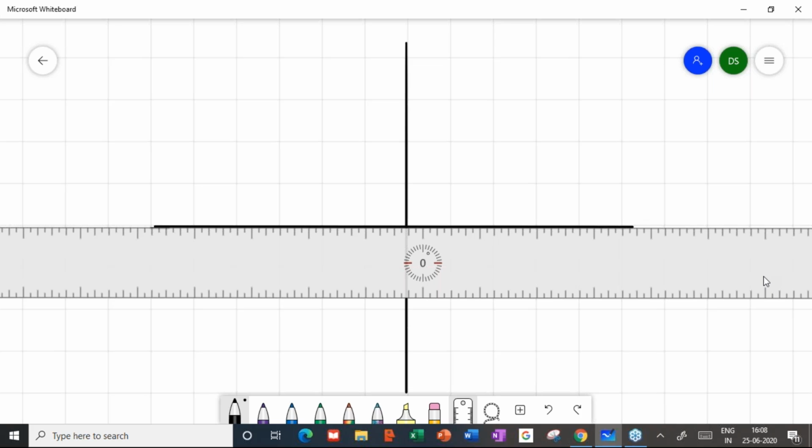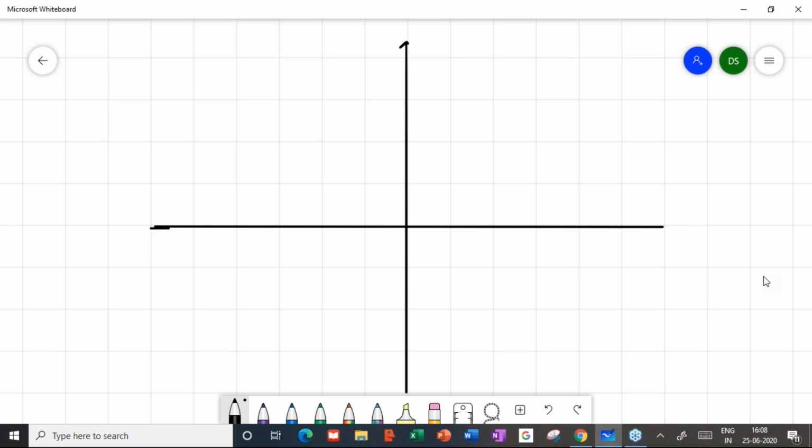Right, so you first draw the x and y axis. Okay, this made it much easier. Yeah, this is the origin. So now equidistant points. This will be 1, 2, 3, 4, and 5.